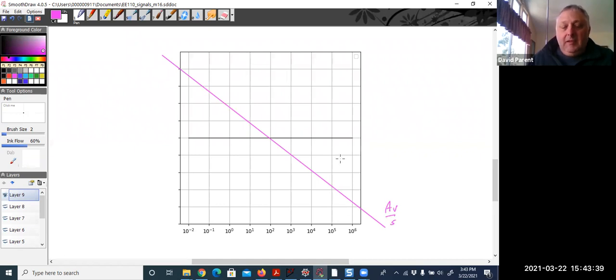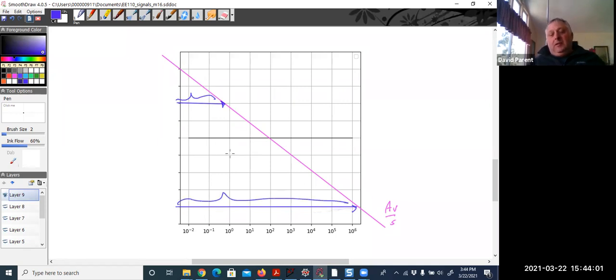So this is AV divided by S, and you can see that I can have a smaller gain and a much larger frequency range. And if I have a higher gain, that frequency range where it'll be ideal is reduced.